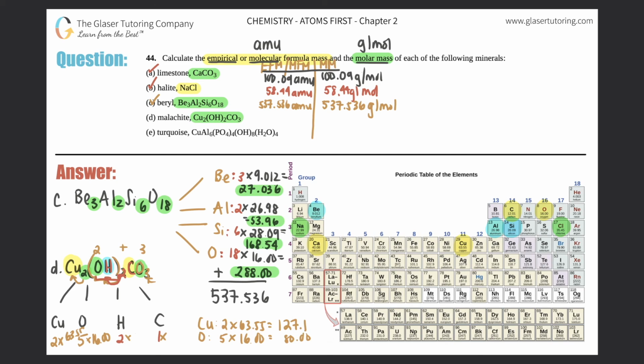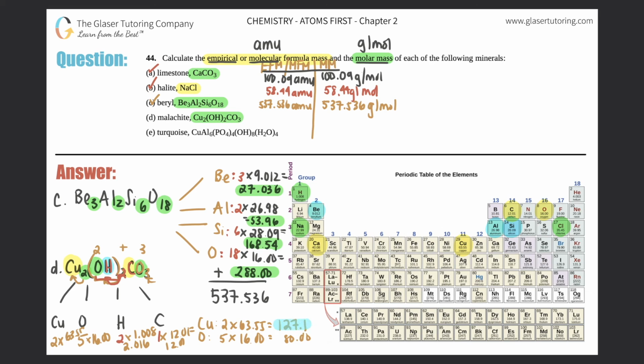Okay. Hydrogen, we didn't find out from before, but hydrogen is up here, right? Hydrogen is 1.008. So this would be 2.016. And carbon, we know from before, is 12.01. So when we times those together, you get 12.01. Now we have the parts, so we just have to add them all together. It's the sum.